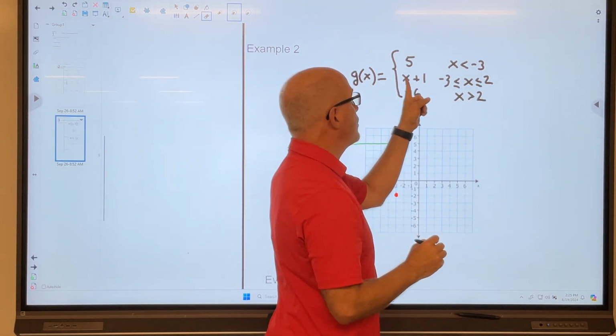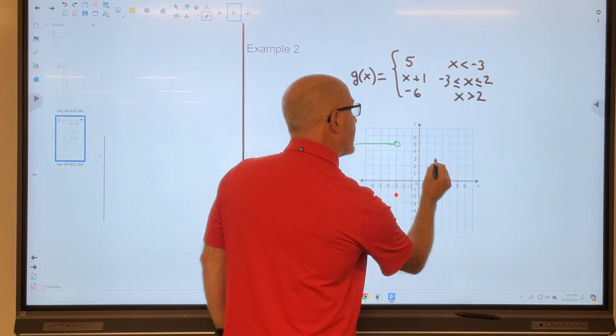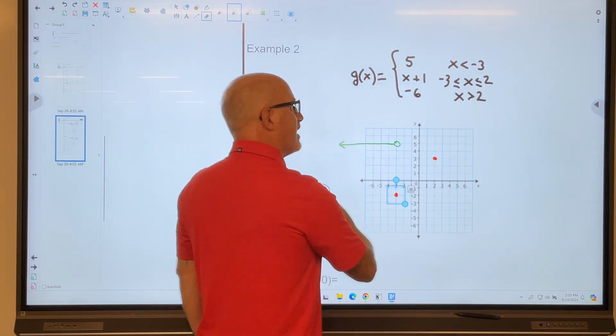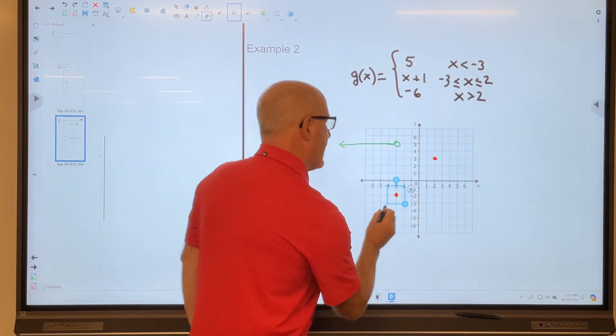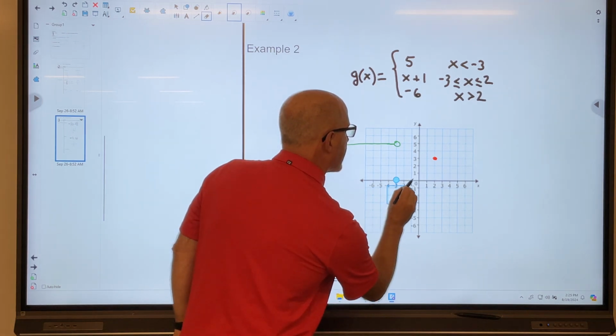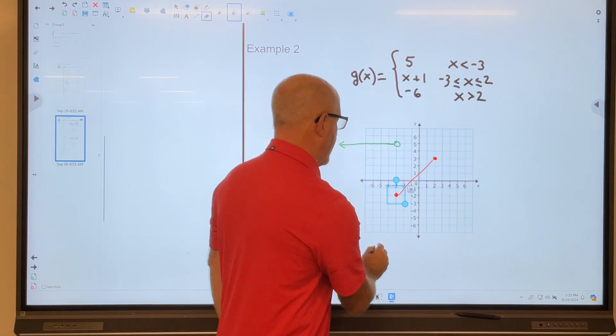Let's put in the 2. 2 plus 1 is 3, so at 2 I'm going to end up at 3 here, and it also is included because it's got the or equal to on it. And now I'm going to just connect those two and make it into a line like this. So it's from that endpoint to the other endpoint, okay?